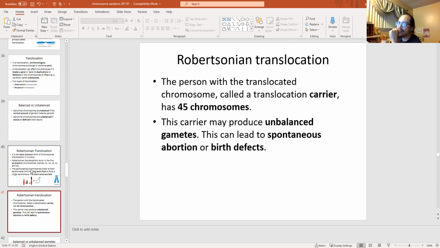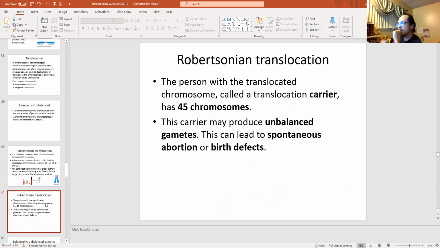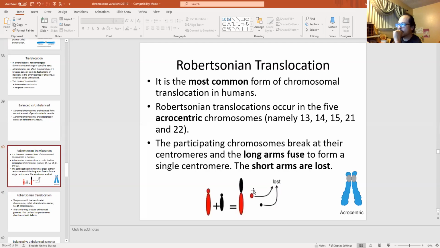After this happens, it will become 45. Sometimes the short arm doesn't really provide essential protein, so the patient probably won't show any phenotype.